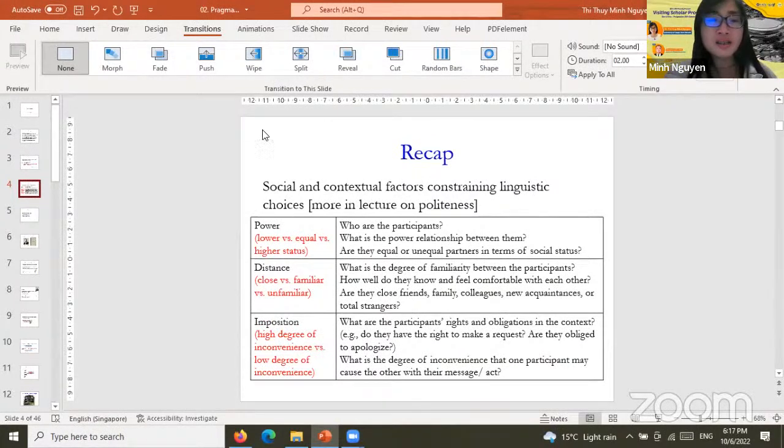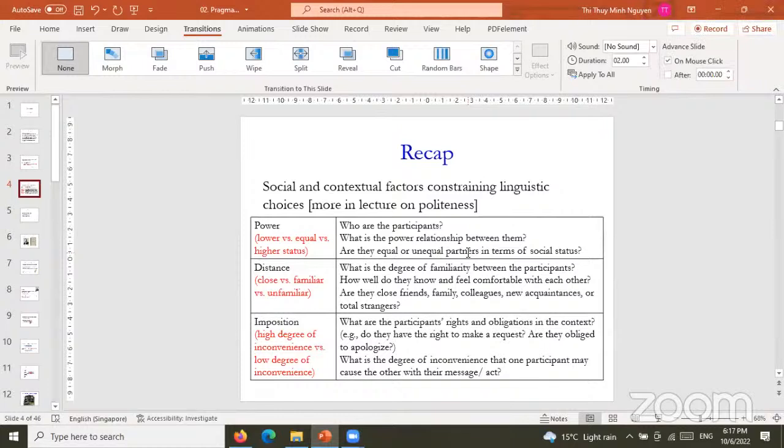Power here means who the participants are and what the power relationship between them is. Are they equal conversational partners in terms of their social status, for example friends or colleagues, or are they unequal partners in terms of social position?